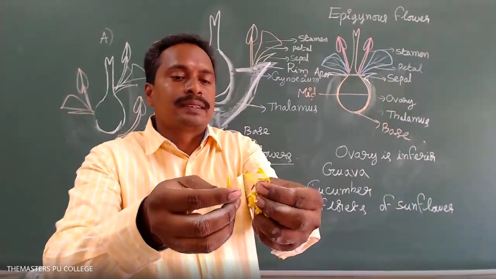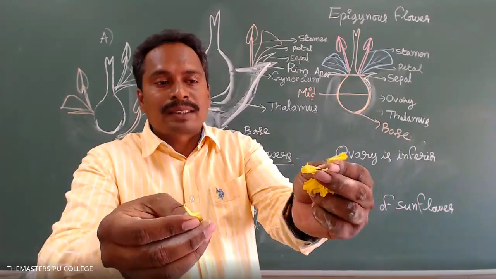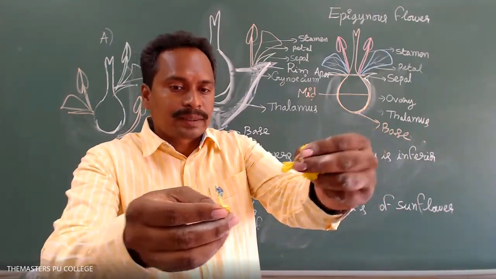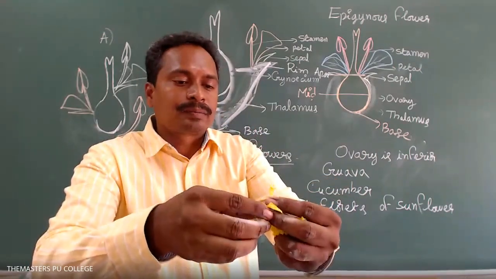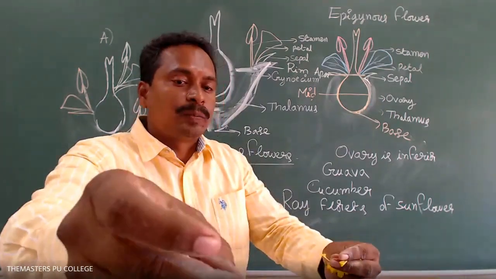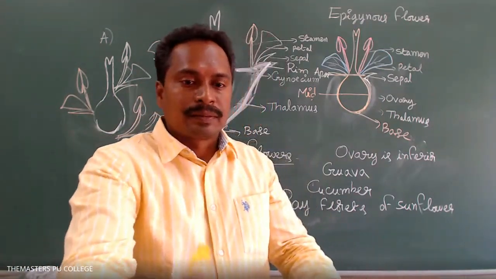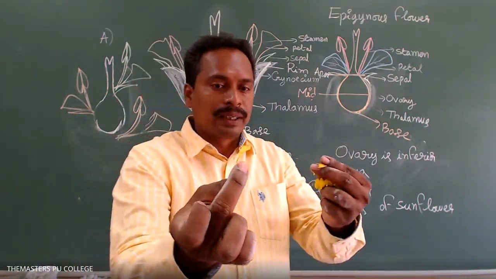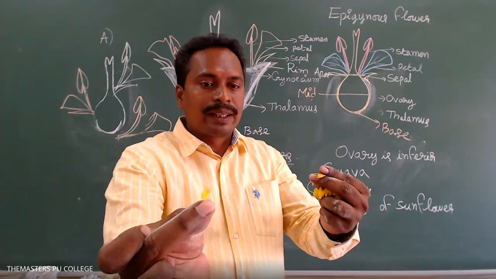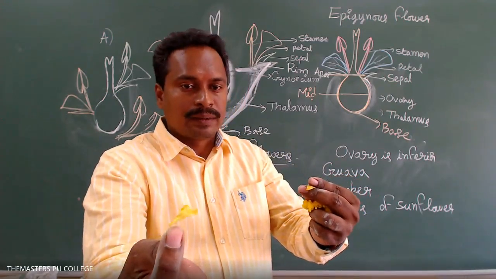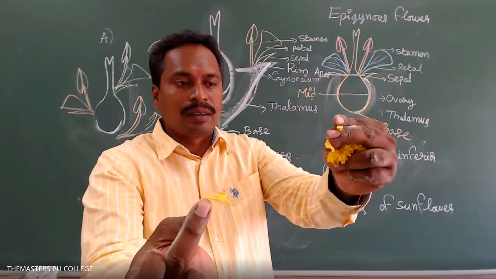Reduced flowers are called florets. Sir, reduced petals, sir. This is one flower. Is it visible clearly? It's one flower. The reduced flower is called a floret.